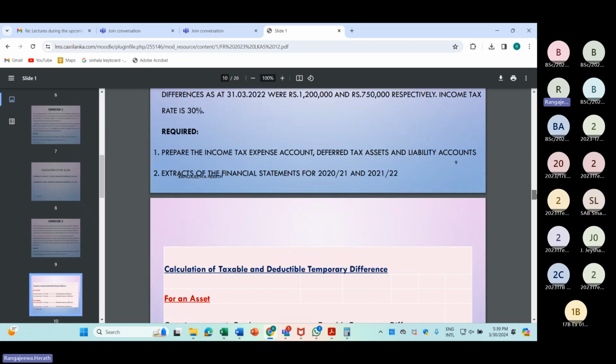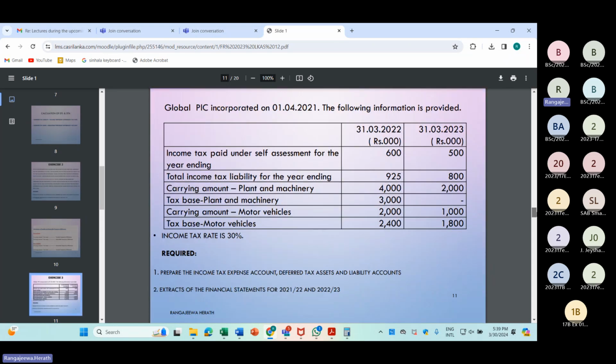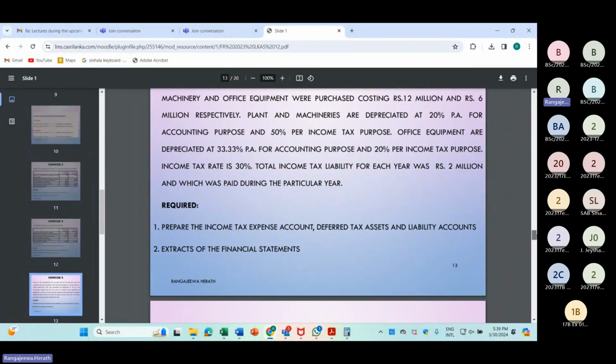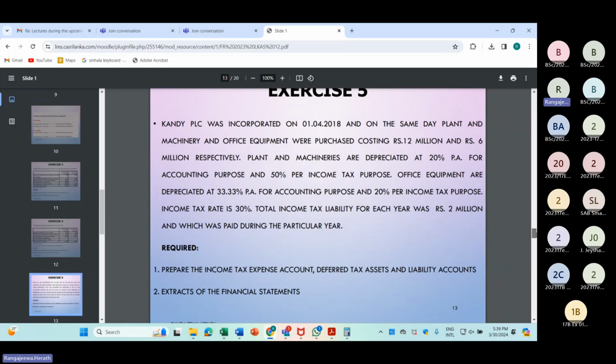So gradually I explain this deferred tax adjustment from exercise 1 to 5. So if you take exercise 5, that covers the full content of determining the carrying amount, tax base, and identifying taxable and deductible temporary difference. So based on that, calculating deferred tax asset and deferred tax liability, right?